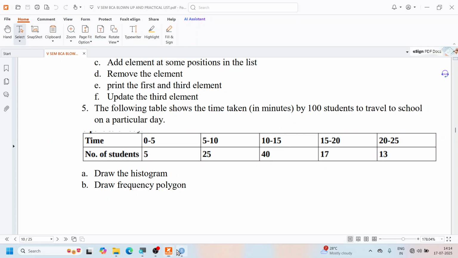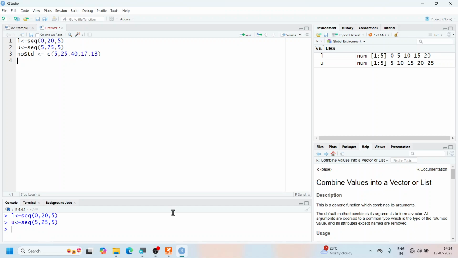Let us go and create that. I'm going to just call it mid. How can I get the mid? Mid is nothing but lower limit plus upper limit divided by 2.